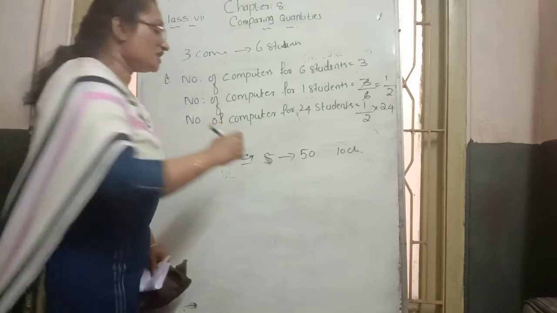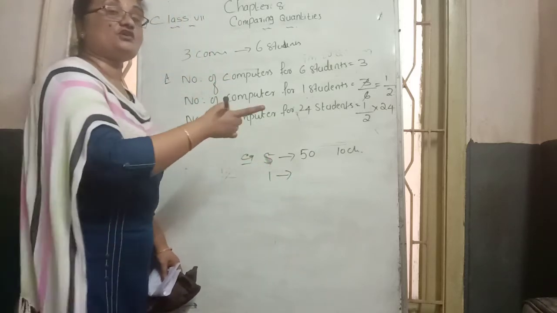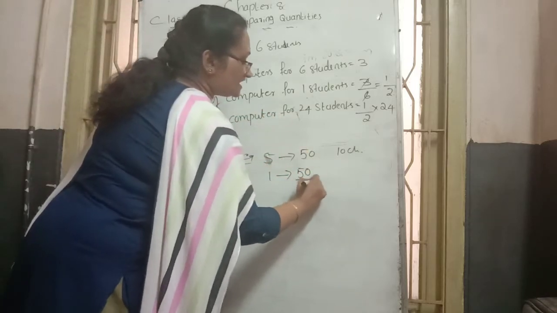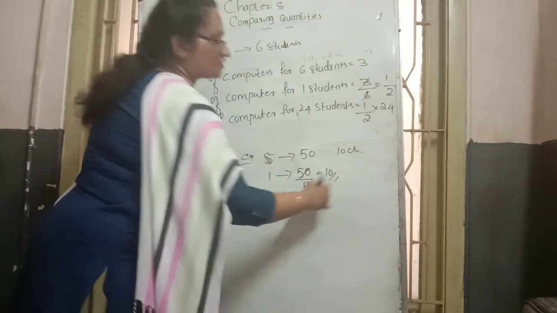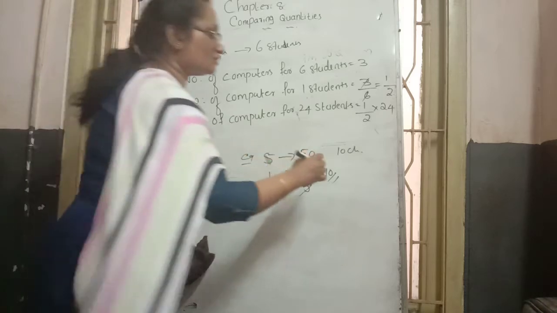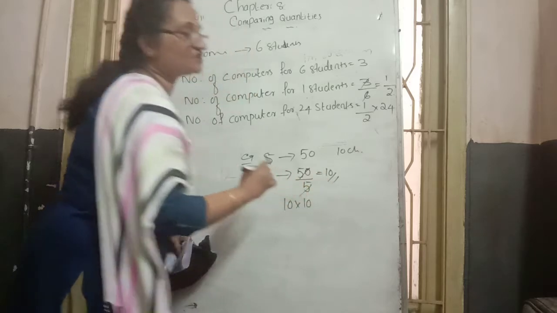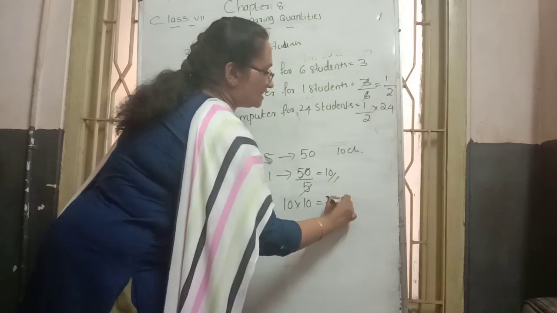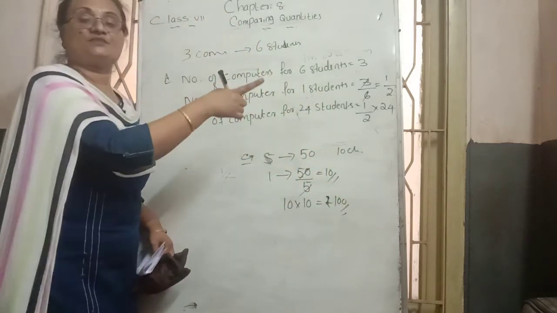First we find the 1 chocolate amount: 50 divided by 5. 1 chocolate becomes 10 rupees. Then for the 10 chocolate case, 10 chocolates are multiplied with the 1 chocolate amount. So it will become 100 rupees.